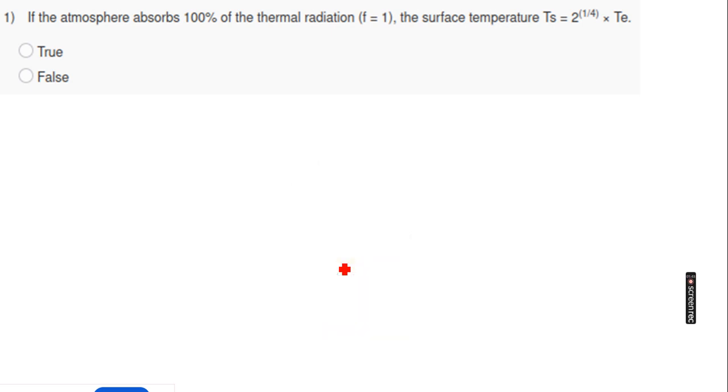So if the atmosphere absorbs 100% of the thermal radiation, the surface temperature Ts is equal to 2 raised to 1 by 4 into Te. Is that correct? True or false?